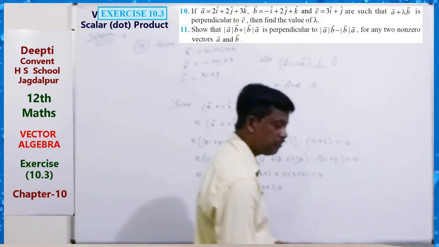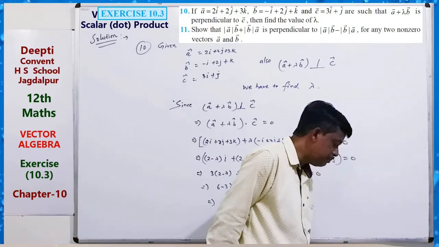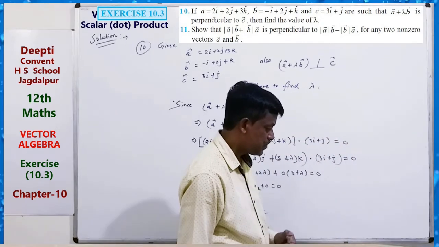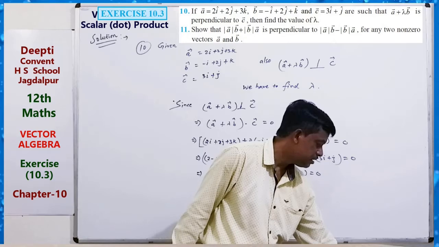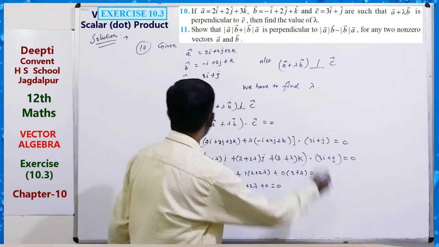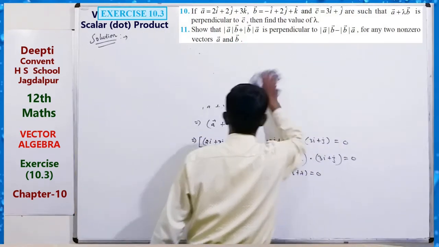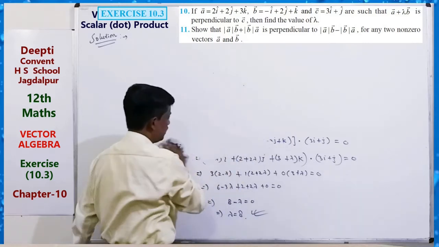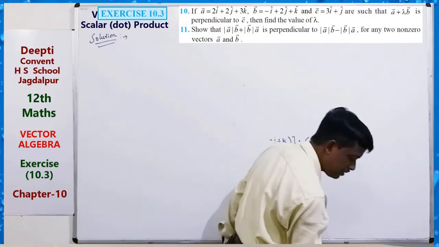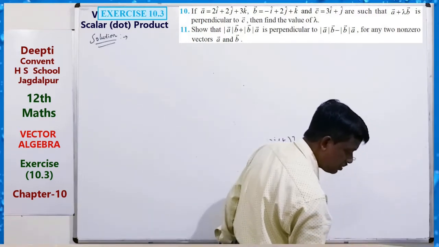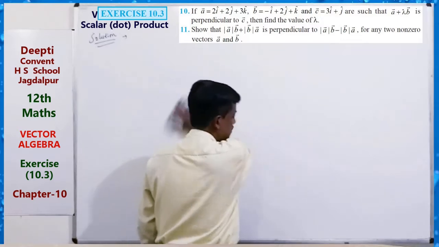The vectors are given in terms of A and B: mod A B minus mod B A. Perpendicular to each other means this vector is perpendicular to this. That means their dot product will be 0.